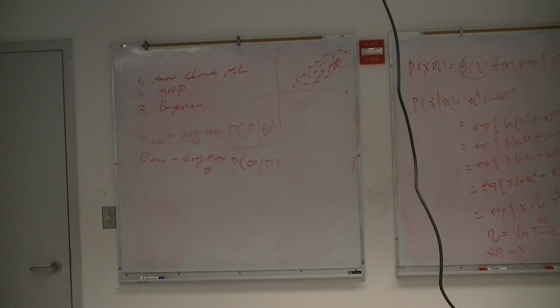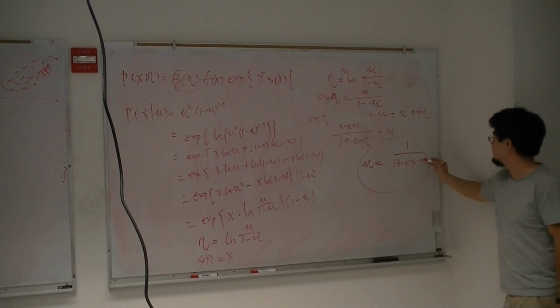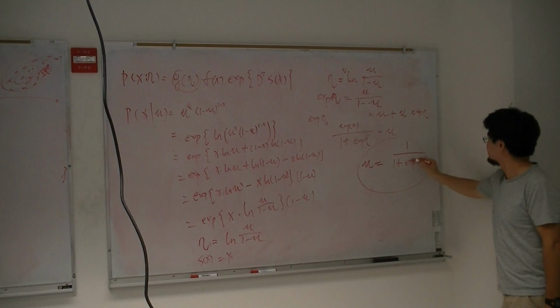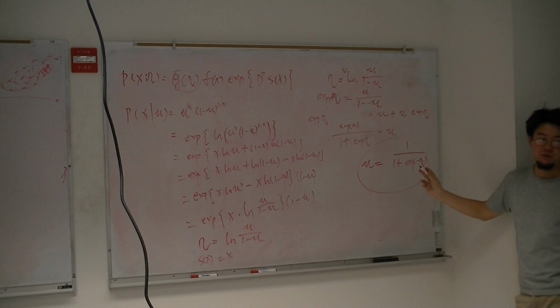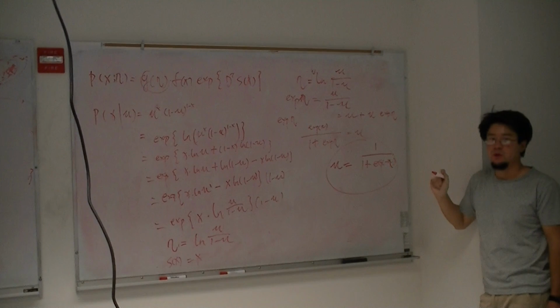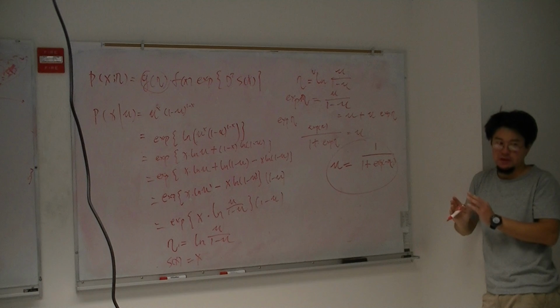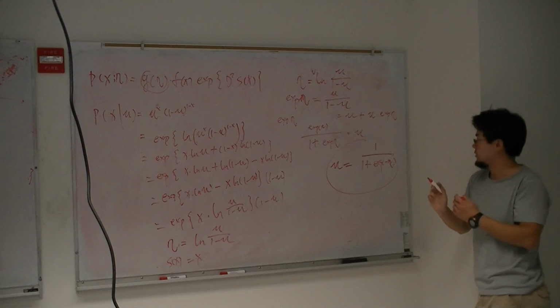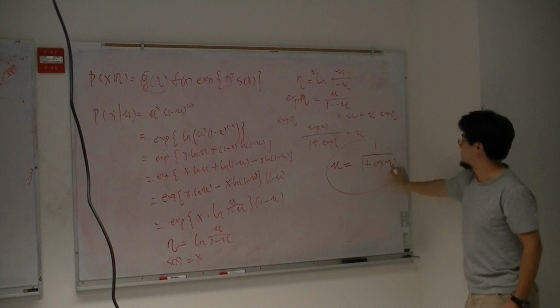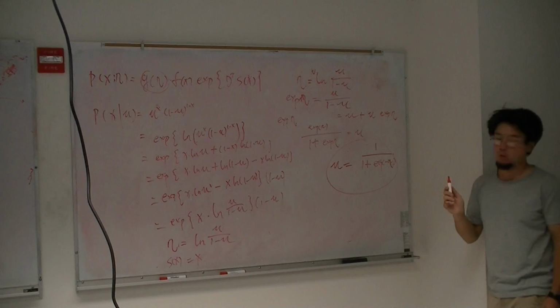We get this form. Does this form look familiar to you? This is the sigmoid function, which if you do logistic regression, a very elementary classification algorithm, you actually use this function as your model.